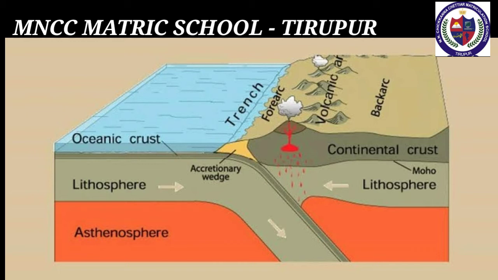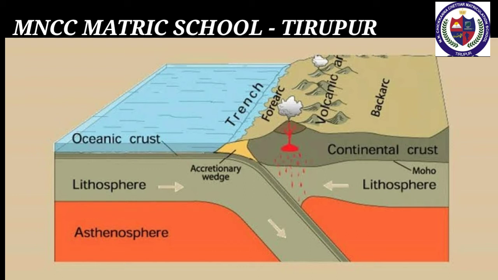At some places, these plates come closer and dash against each other. When an oceanic plate dashes with a continental plate, it is forced below and as a result, pressure is formed which makes the rocks heat up. The molten rocks form volcanic mountains.